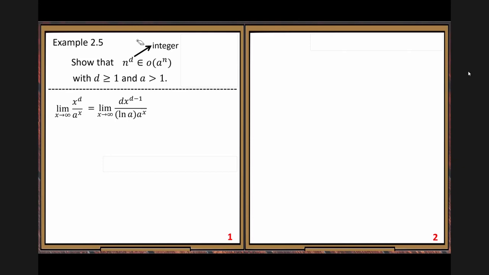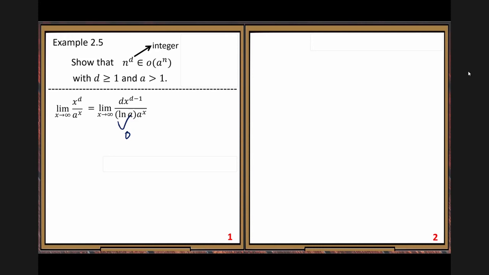When you take the derivative, in the numerator we apply the power rule, so d times x to the d minus 1. In the denominator, the derivative of the exponential function is natural log of a, because a is greater than 1, so this is a positive constant, times the same exponential function a to the x.